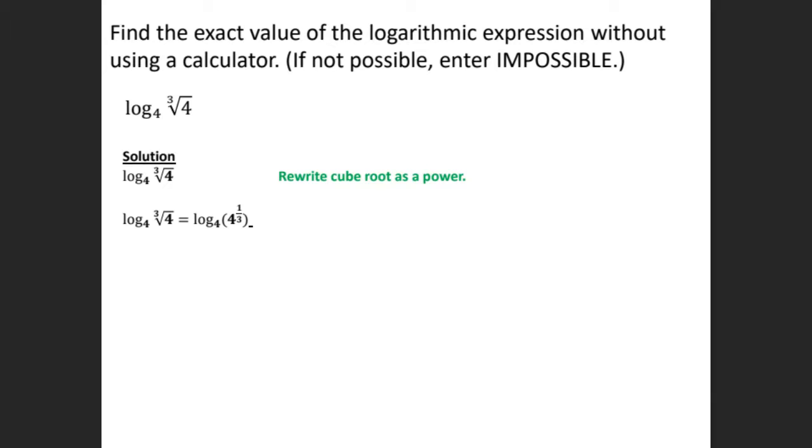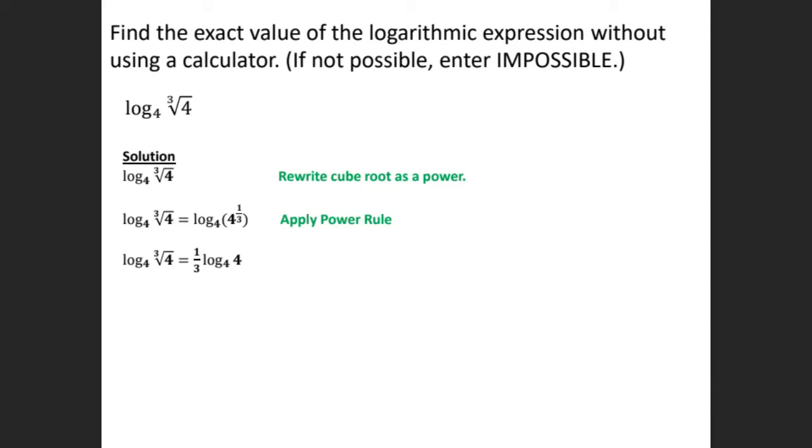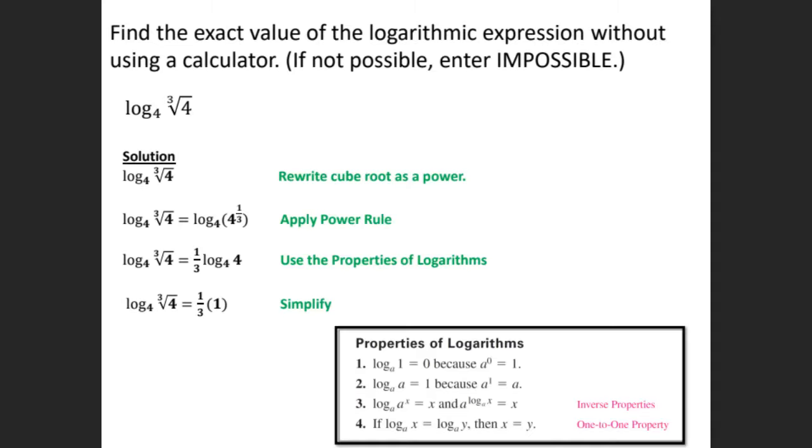I can use my power rule because I have an exponent, and that's going to give me 1/3 times log of base 4 of the input 4. And I know from my identity property that any log with a base of 4 and an input of 4 has the value 1. So 1/3 times 1 is going to give me 1/3. Yes. And I was able to solve this problem without using a calculator.